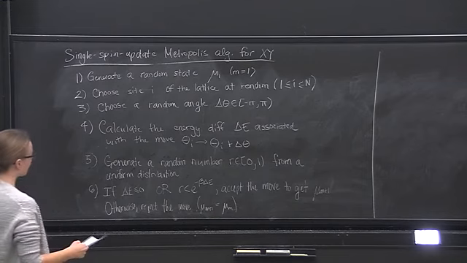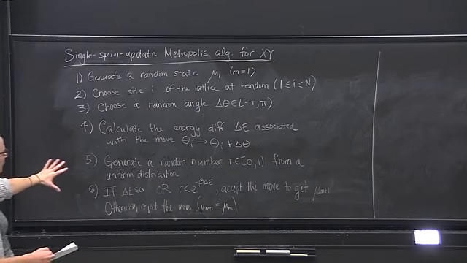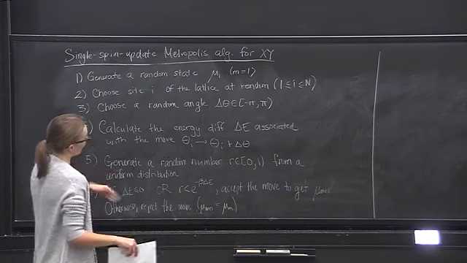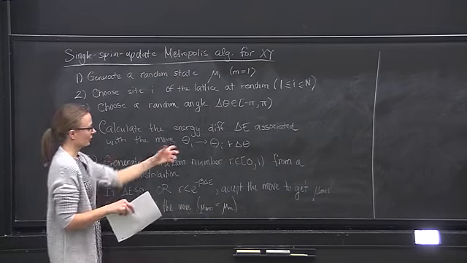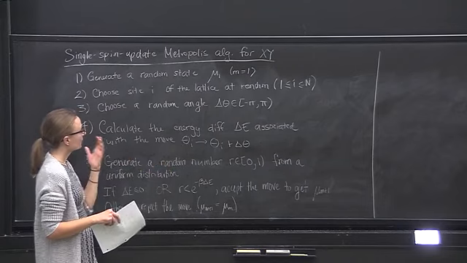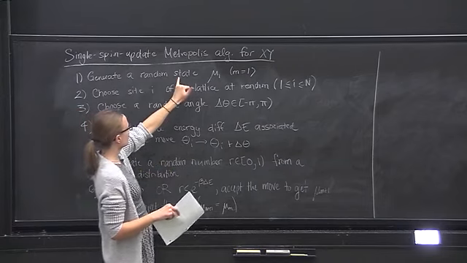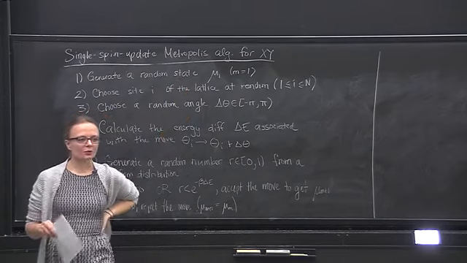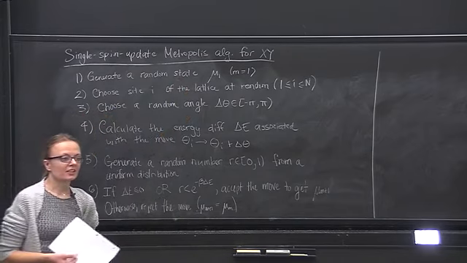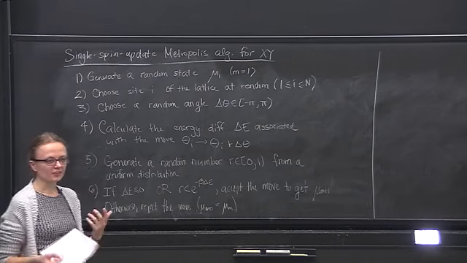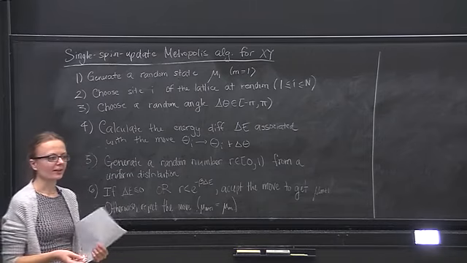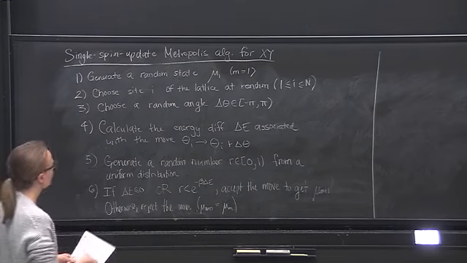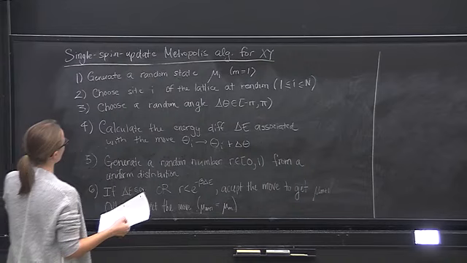Okay, so there's a couple problems with just naively using this algorithm. One of them is that you're not really getting independent samples. And the other problem is that we're starting from an initial state, right? But let's say we're at very low temperatures. A random state is not really a very good sample from what we expect to have at low temperatures, right? At low temperatures, just for example, we expect everything to be ordered.